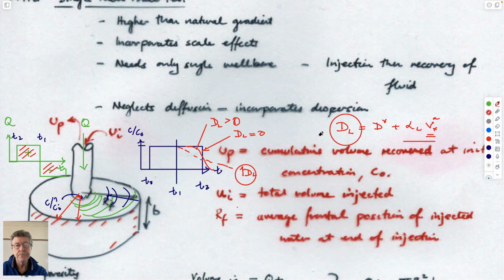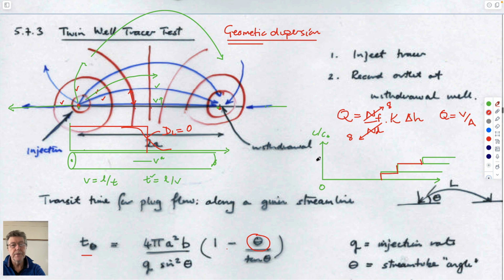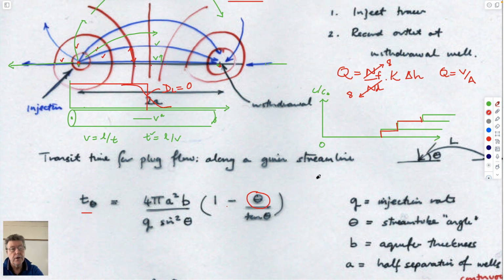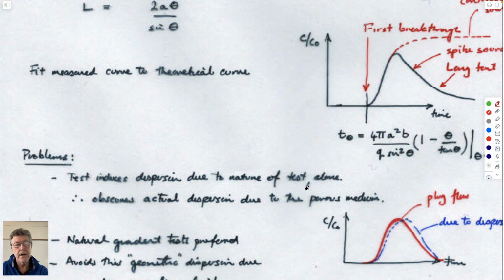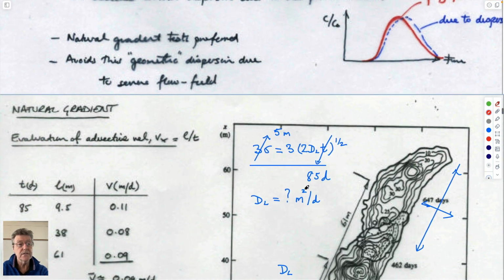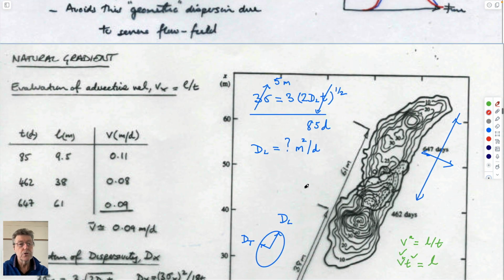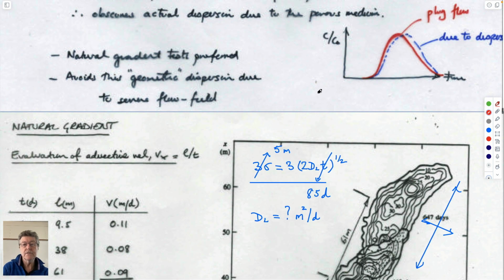So what do we do? The last possibility we have, so we've talked about the laboratory. We've talked about in the field for single well and twin well tests at what we would call forced gradients.